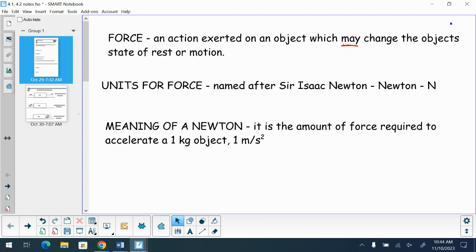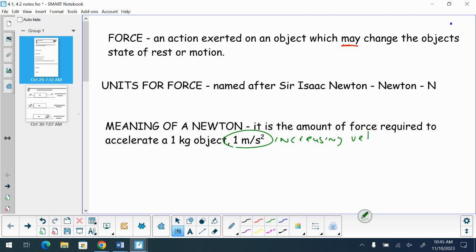Or we are increasing the velocity from 0 meters per second to 1 meter per second in 1 second. You want to think of it that way.